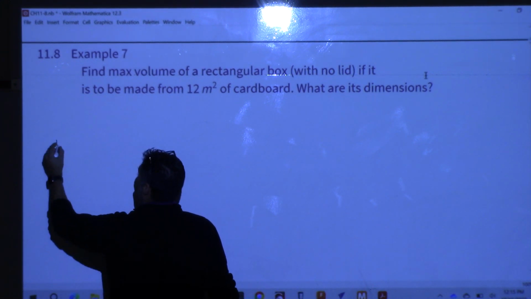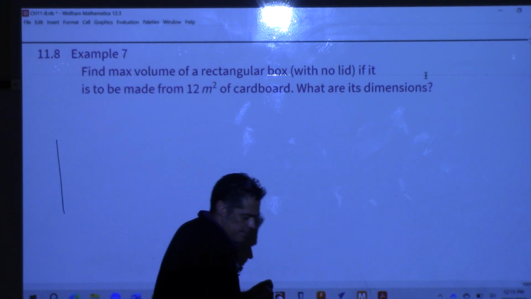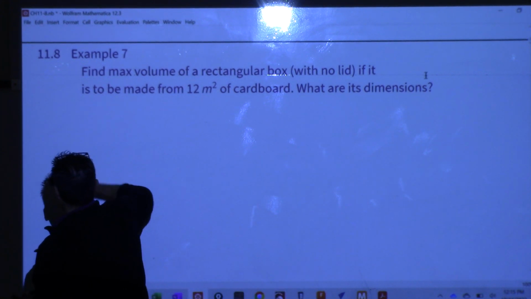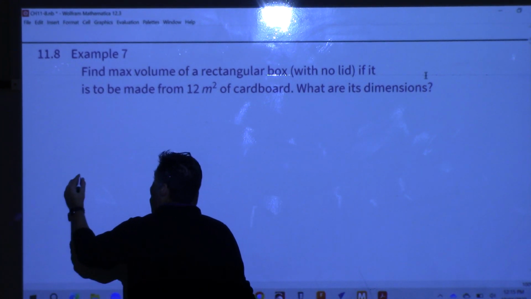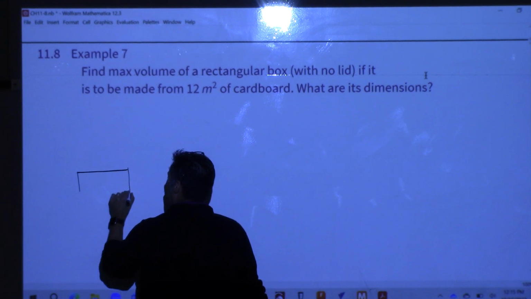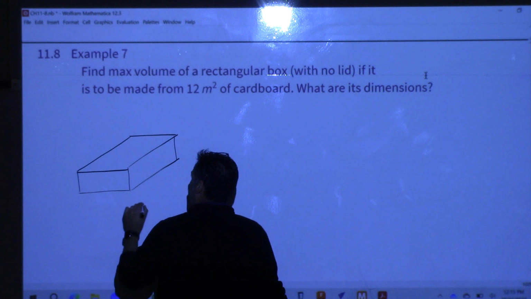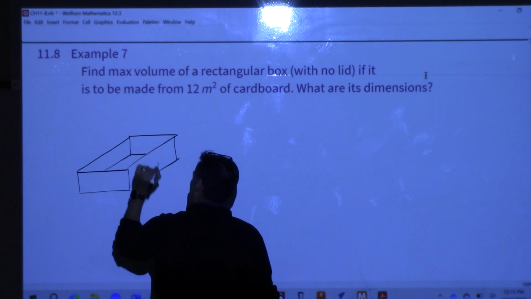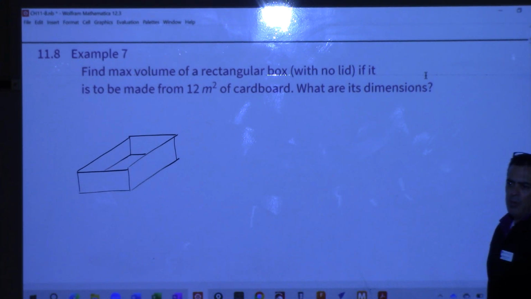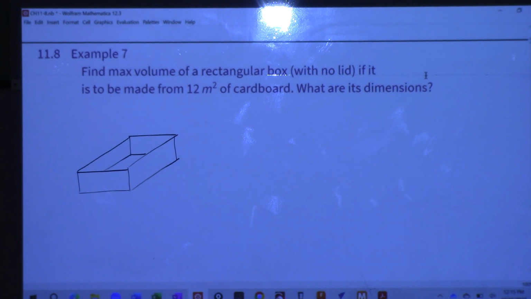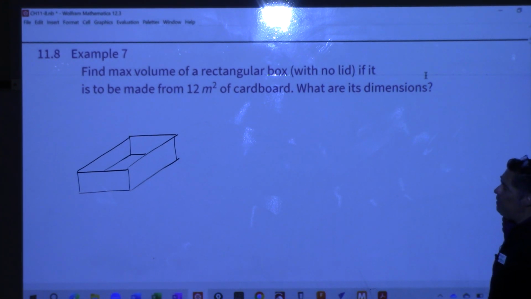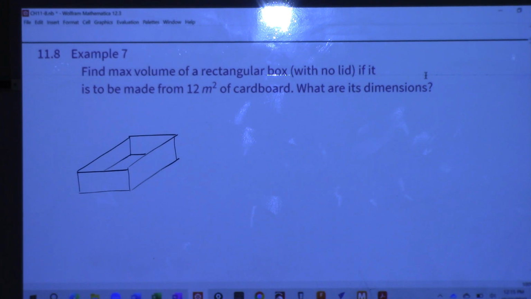You have a box. Like this. And it has an open top to it, right? Find the maximum volume of that box with no lid if it is to be made of 12 square meters of cardboard.